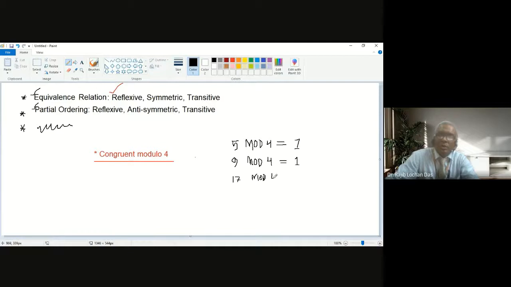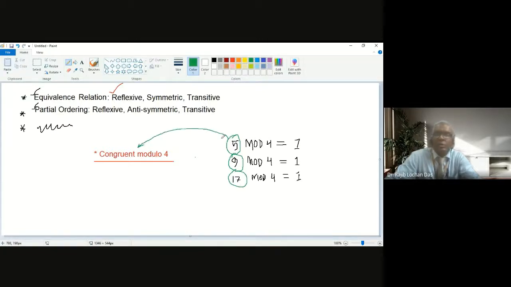Good. So what you see, every time you are getting the same answer. The numbers are different, but mod 4 is giving you the same answer. So if mod 4 gives you the same answer, then we will say 5 and 9 and 17 are congruent mod 4 numbers.